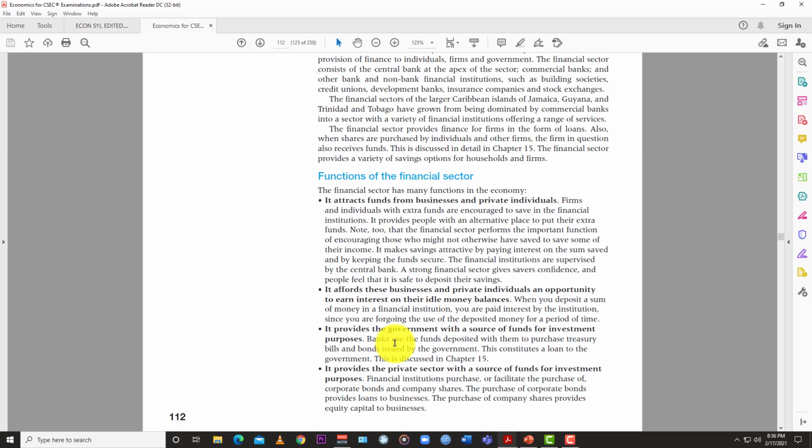Note, too, that the financial sector performs the important function of encouraging those who might not otherwise have saved to save some of their income. It makes saving attractive by paying interest on the sum saved and by keeping the funds secure. The financial institutions are supervised by the central bank. A strong financial sector gives savers confidence, and people feel that it is safe to deposit their savings.